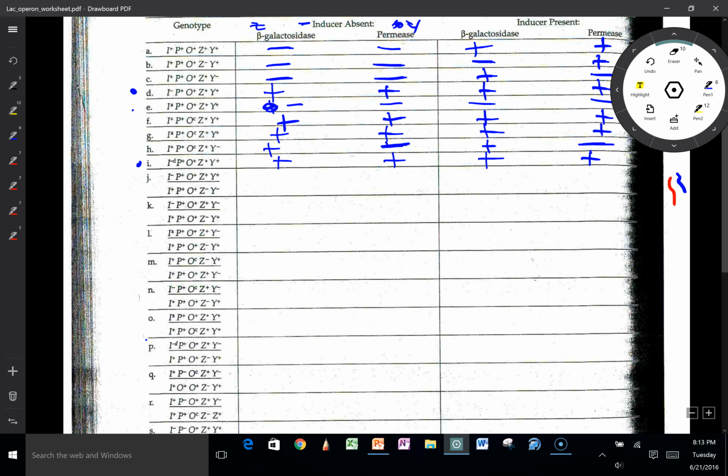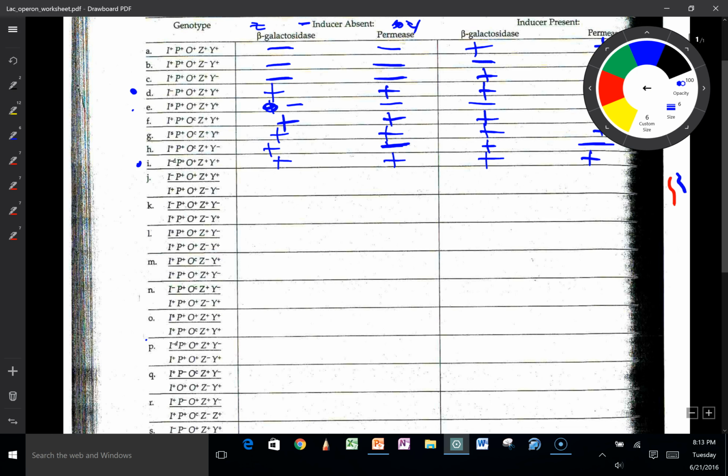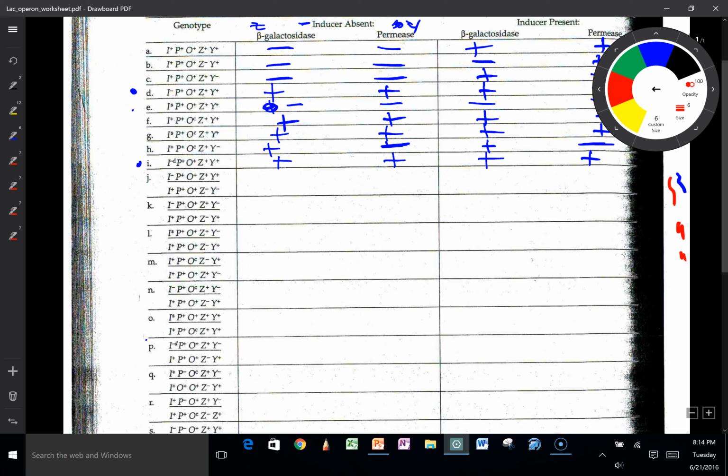It would mean that the top gene, so the Z plus and the Y plus that are on the top, if they were controlled only by the I minus that it's connected to, then they'd always be on.